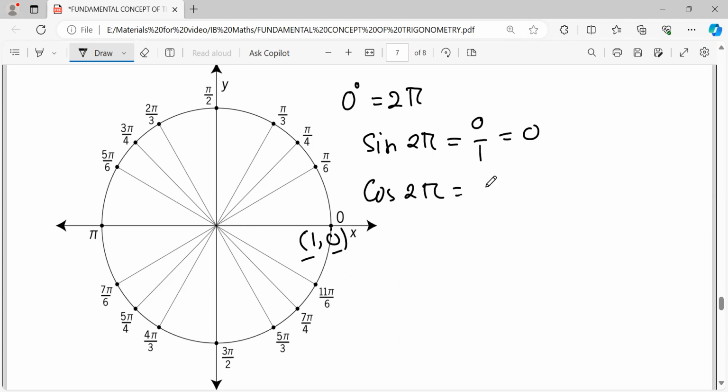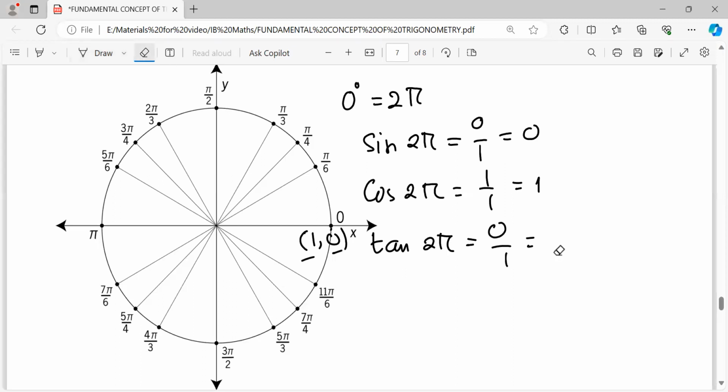Cosine 2 pi equals 1 over 1, which equals 1. Tangent 2 pi equals 0 over 1. Oh, sorry, it equals 0, not undefined. If the denominator is 0, it is undefined. And cotangent 2 pi equals 1 over 0, undefined.